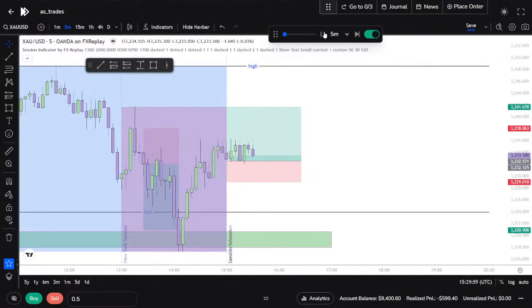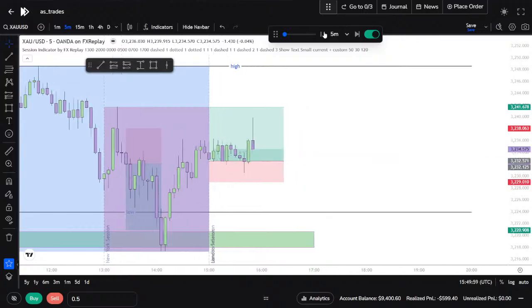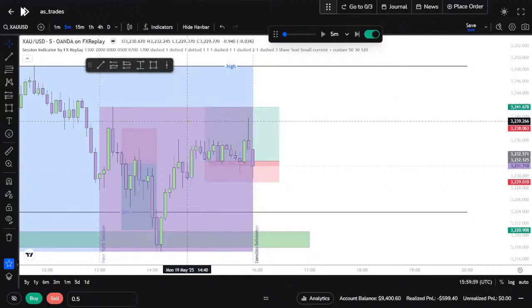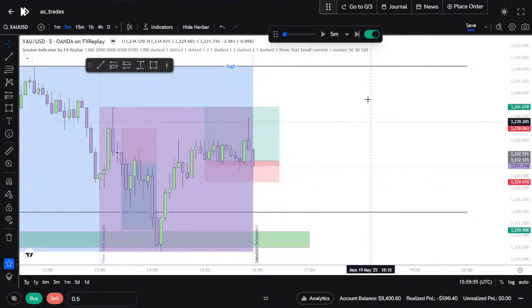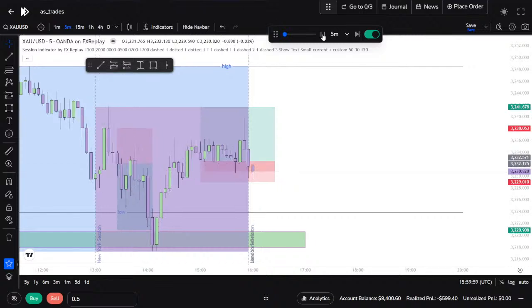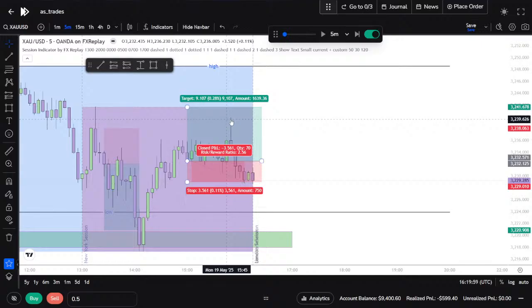Oh, okay. Let's see, what did I hit? Oh, yeah, the fair value gap. Oh, okay, yeah. In that case, that would potentially have had to be a manual take profit there. Yeah, stop losses here.